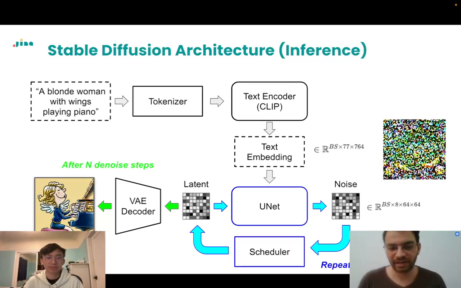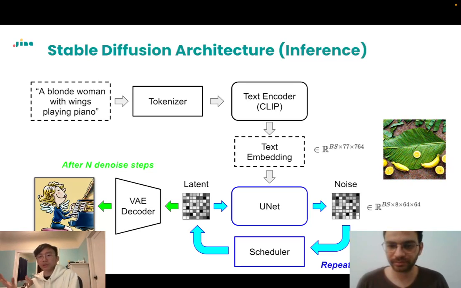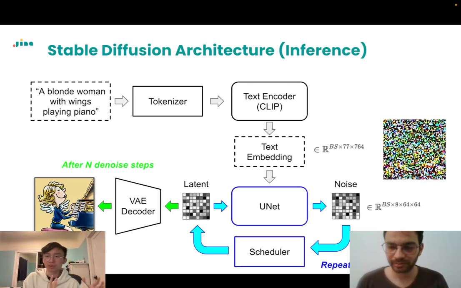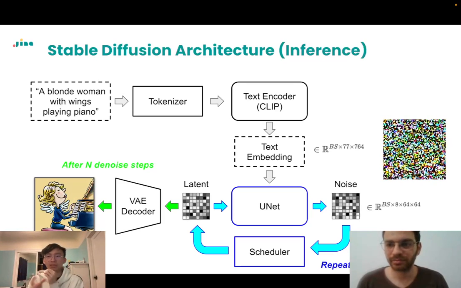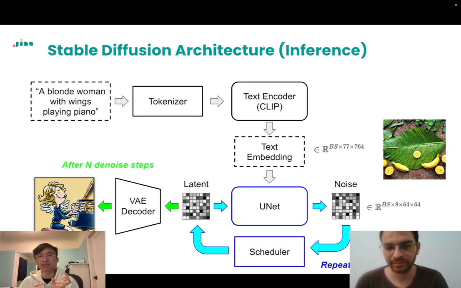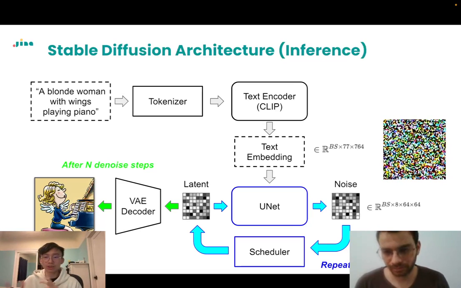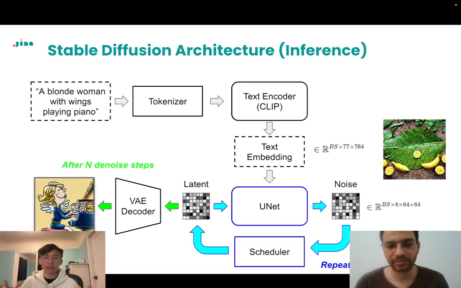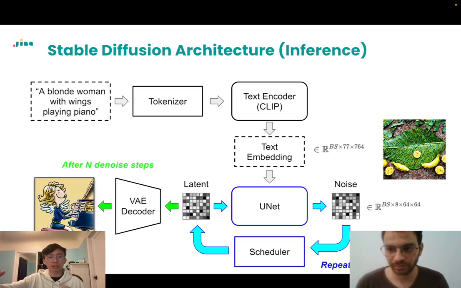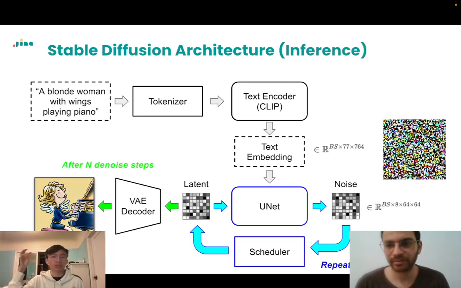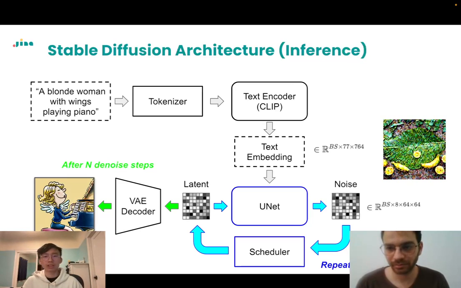And what is this scheduler? Okay, so this scheduler thing is this idea in diffusion that you can't do it all at once. You want to make this an iterative process, so that the model in a way can correct for its errors. I can show you later, if you try to diffuse too quickly, so you use a very small number of steps and every step you subtract a lot of the noise, then you won't get a very nice image.